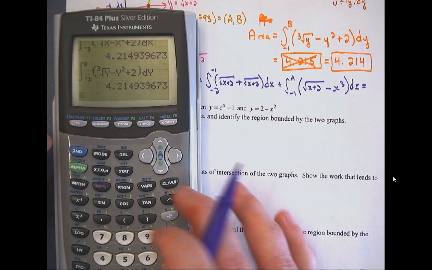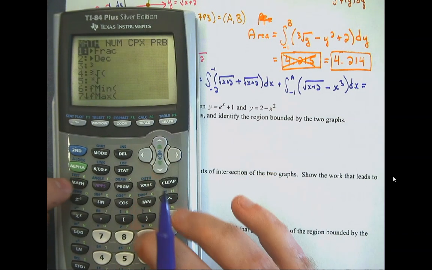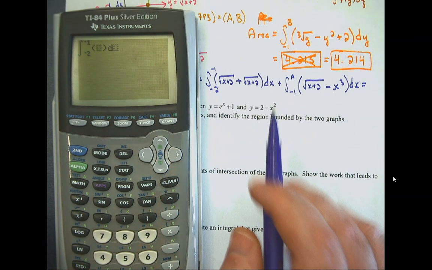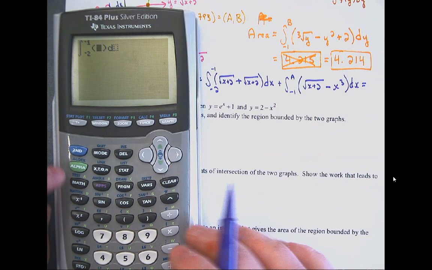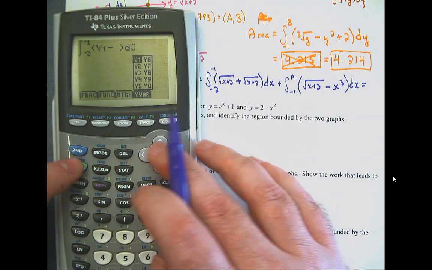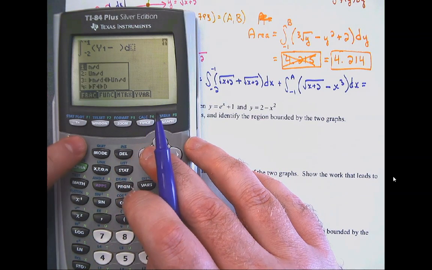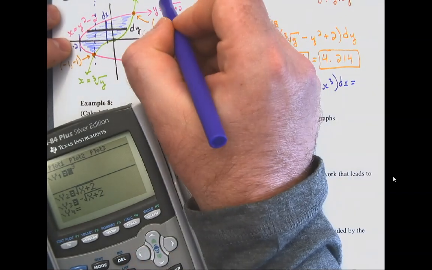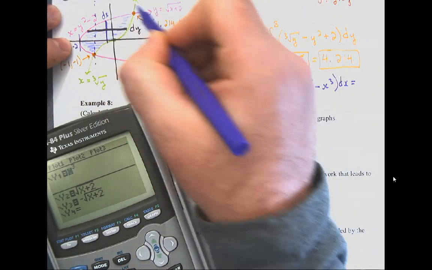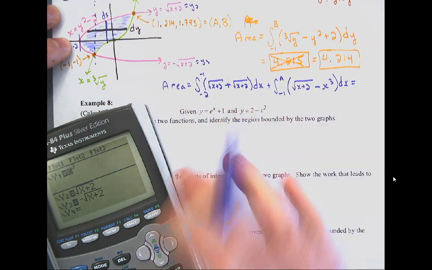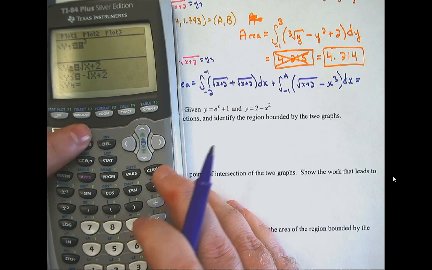So quit out of here, clear, clear, clear. Math 9, I want to go from -2 until -1 of, okay, this is what I called y1 minus y2. No, I didn't. That's y1, that's y2. So this was y1, this was y2, this is y3. So let me go back here.